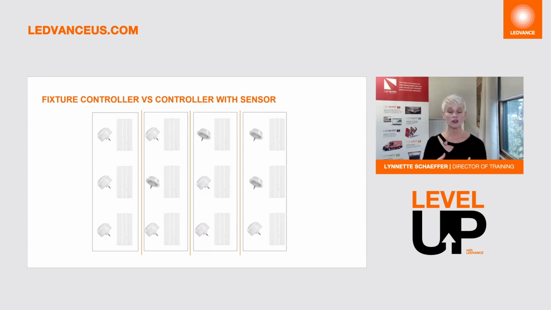Just remember, if you're at the very end of that specific aisle, that sensor is not going to pick you up. So it could potentially shut the group off, even though you're at the very bottom end of that aisle, because there's no sensor above your head going, oh, somebody's still here. So just keep that in mind. But that's basically the different ways that you would incorporate a fixture controller versus fixture controller with sensor.